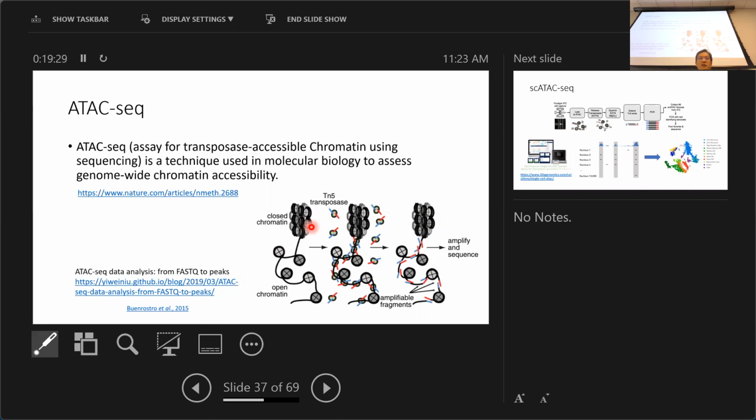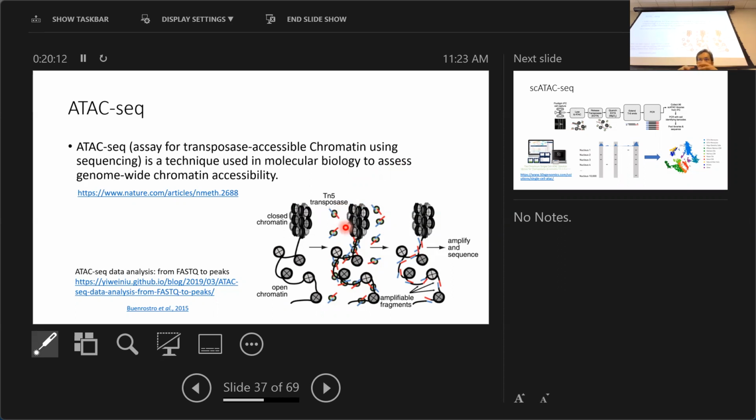One of the techniques they use is called transposase. The Tn5 transposase is an enzyme extracted from bacteria or some other species. What they found is that this transposase has a very unique feature. Once you have open chromatin structure, it will cut your DNA into fragments. At the same time, it labels the cut points of the DNA with a unique small barcode.